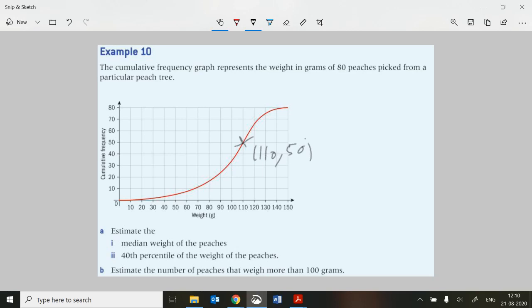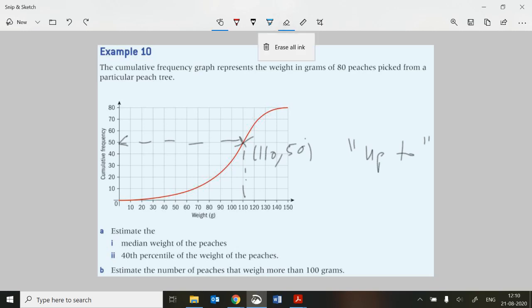That means in terms of the weight of the peaches, there are 50 peaches which have a weight of up to 110 grams. So each of these coordinate points, you put into regular everyday language. We have 50 peaches which are up to the weight of 110 grams in this case.